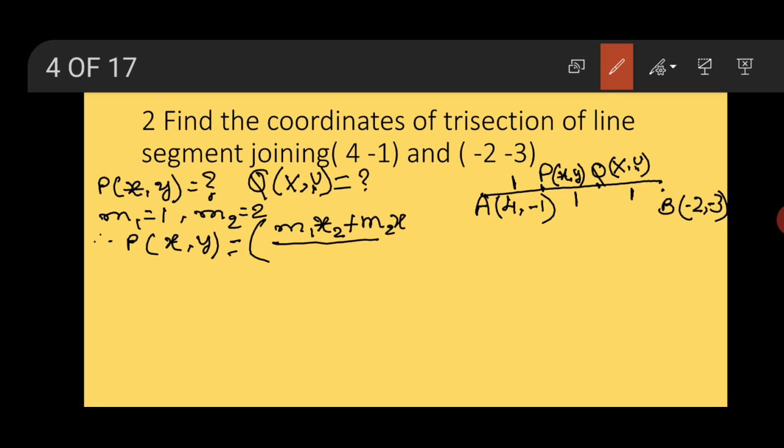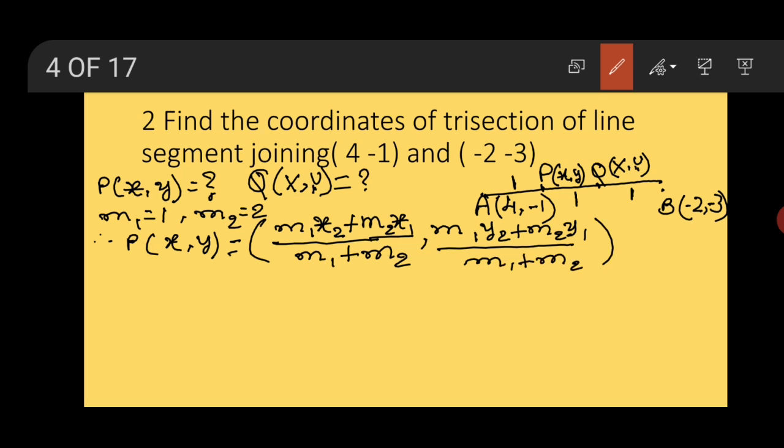Therefore, use the section formula P x comma y is equal to m1 x2 plus m2 x1 divided by m1 plus m2. We can find these coordinates separately also. The y coordinate is m1 y2 plus m2 y1 divided by m1 plus m2.